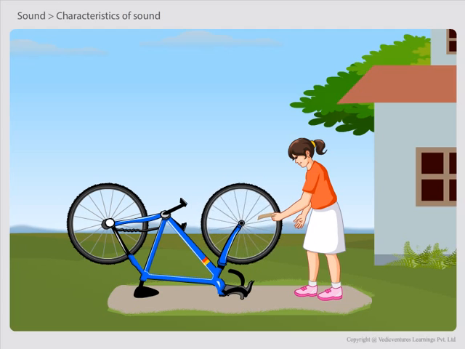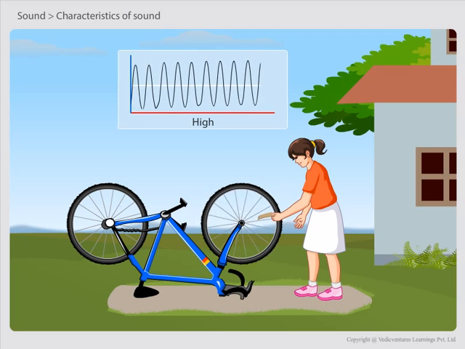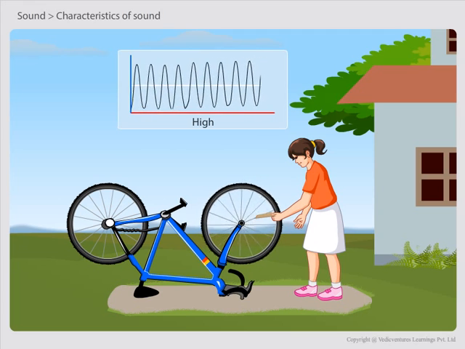This produces a sound of low pitch. Now move the wheel fast. The wheel rotates faster and a high-pitched sound is produced by the cardboard. What do you think is the reason for this? This is because when the wheel rotates faster, high-frequency vibrations are produced.